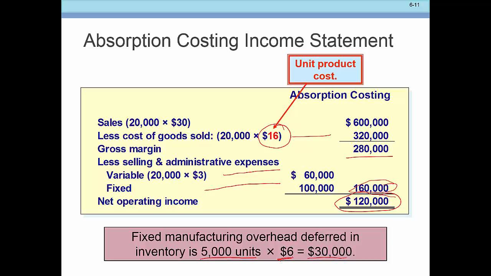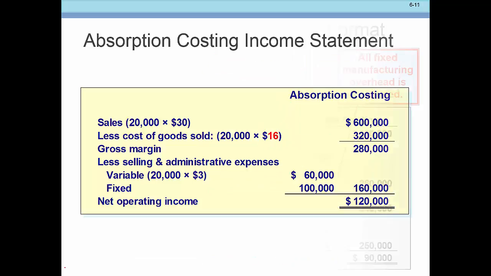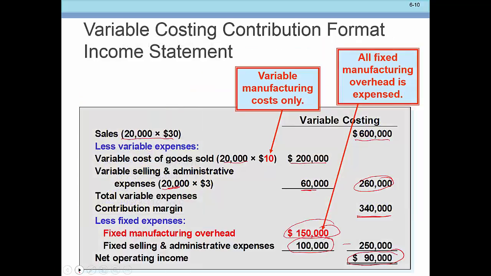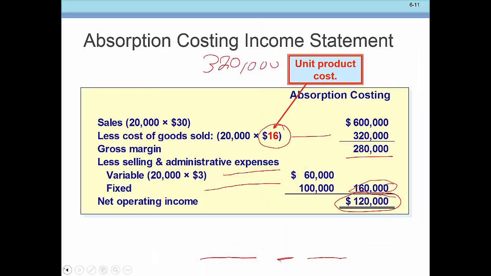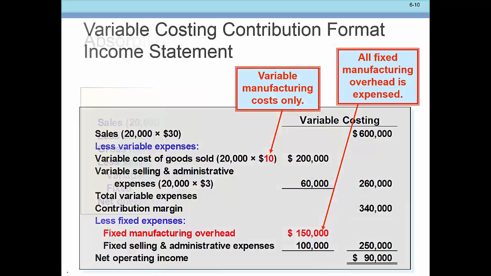Okay. Now, the other way that you could figure out this difference is this. My cost of goods sold is 320 here, isn't it? On absorption, my cost of goods sold was sitting there at 200. Right there.